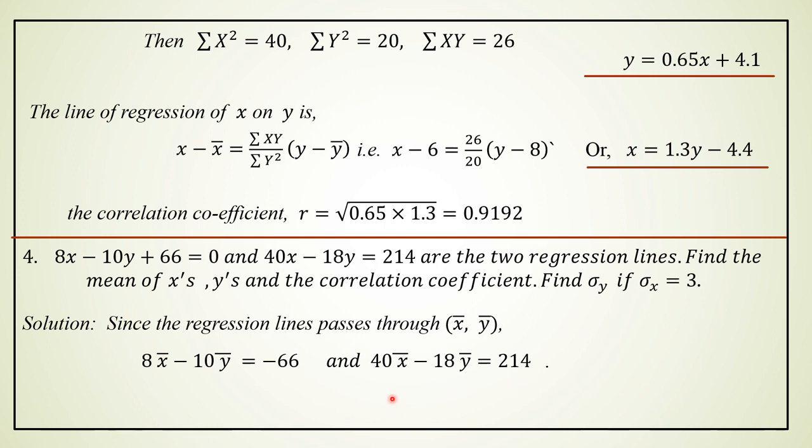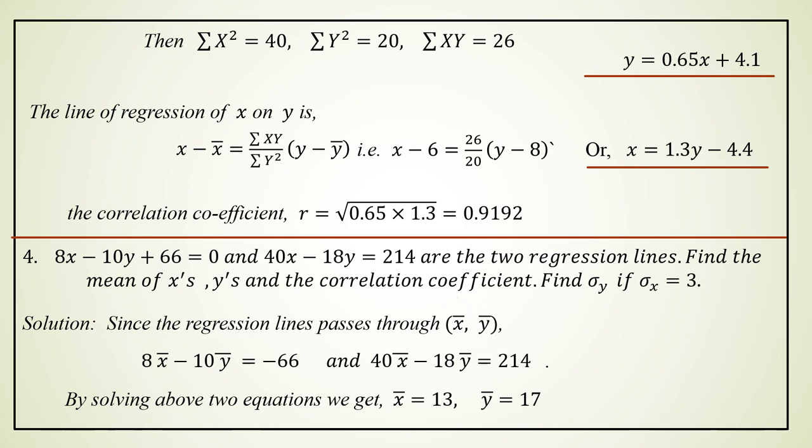Solve these two equations so that you are going to get the value of x bar is equal to 13 and the value of y bar is equal to 17. Okay, so that completes the first part of the question over here.